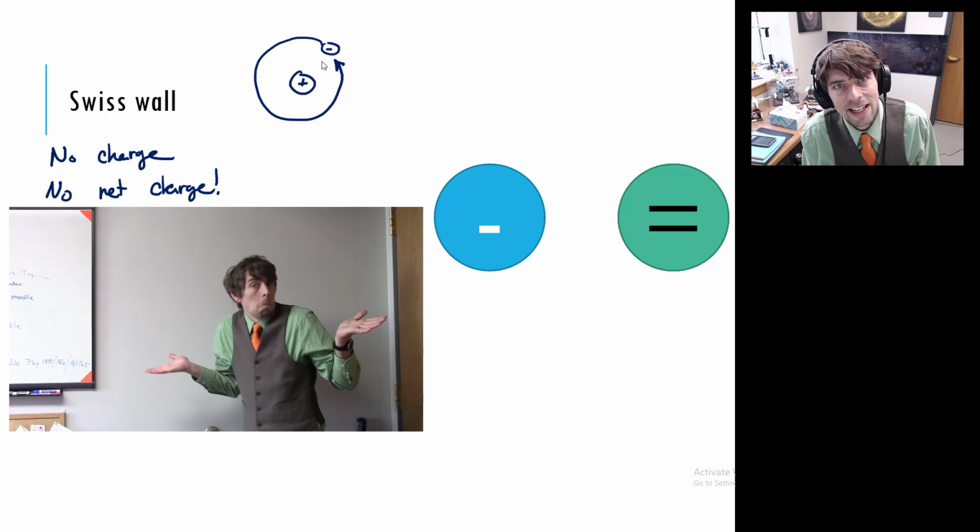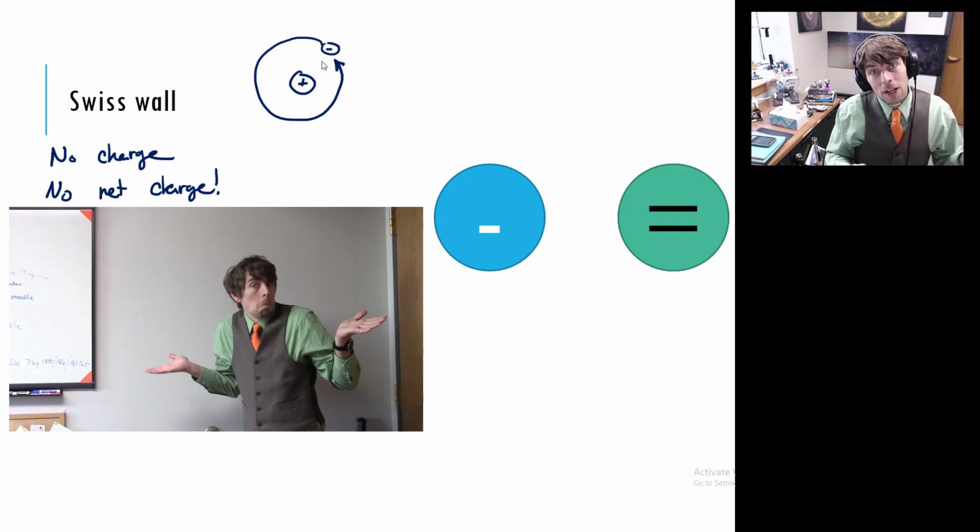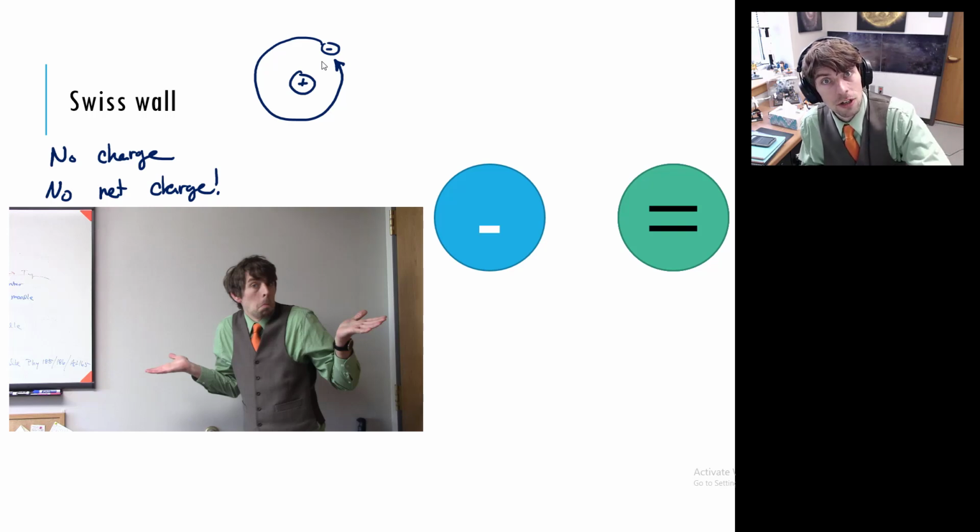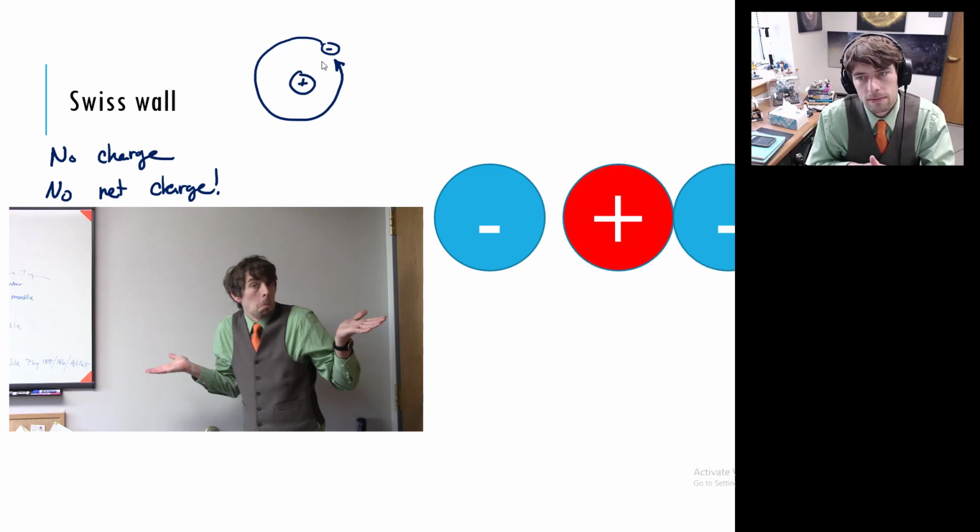Yeah, you got it. We know that like charges will repel. So if I bring this negatively charged balloon close to the wall, it will repel the electrons in the wall. It'll push them away just ever so slightly.